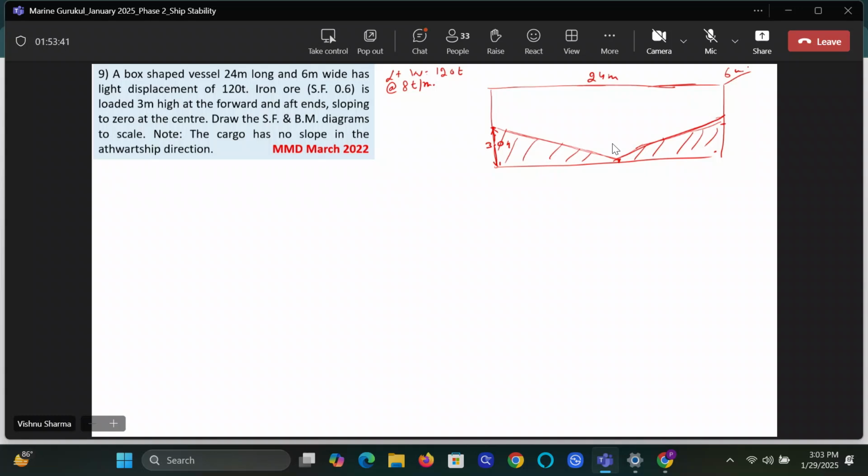I'm sure up to this point you would have drawn like this, yes or no? Correct? Is this what you have drawn up to this point, guys? Yes, sir.